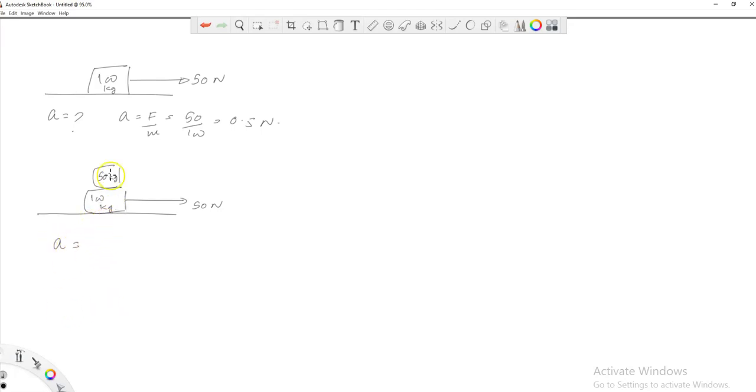Acceleration is now, since these two are kind of attached to each other, 50 force over mass. So 50, now the mass is going to be 150. So 1/3, which is 0.33 meters per second squared. Acceleration drops.